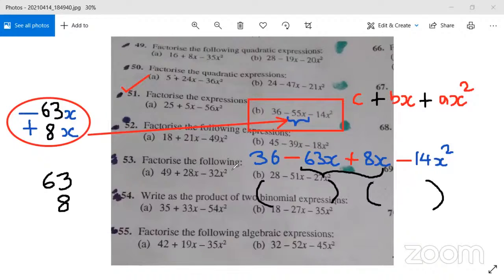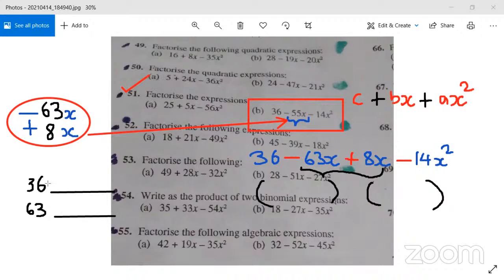Now, okay, I'll bite. So let's try and find the HCF of 36 and 63. We have no reason not to. So let's just do that and see what we get.